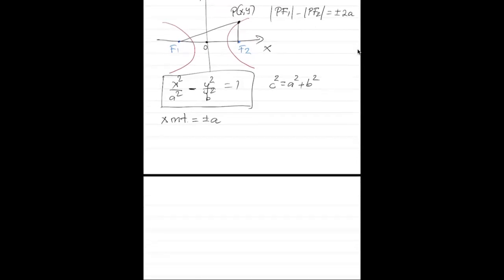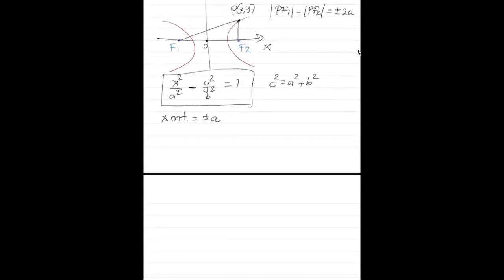The x-intercepts are plus minus a, and that is exactly this point here and here. The vertices are a, 0 and negative a, 0.